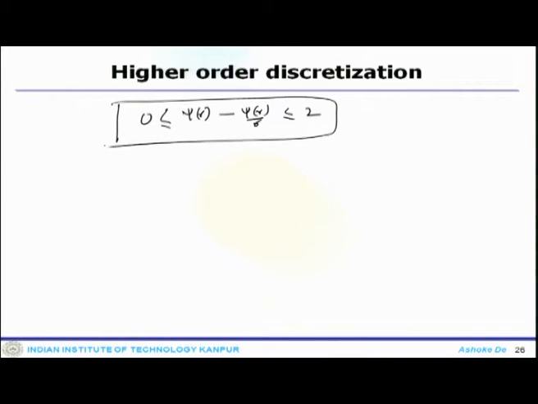Now, this condition will be satisfied if psi r less than or equal to 2 and psi r less than or equal to 2r.